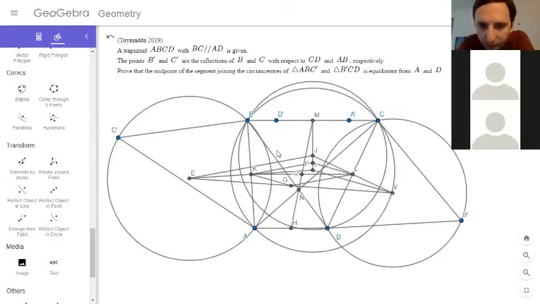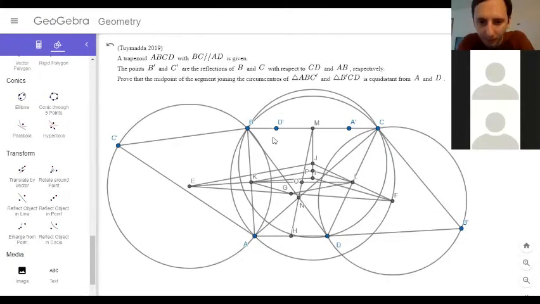Since PB equals PC, PA prime has to equal PD prime. I'm just thinking in my head how I'm going to write this out later. Okay, I'm going to write this out.